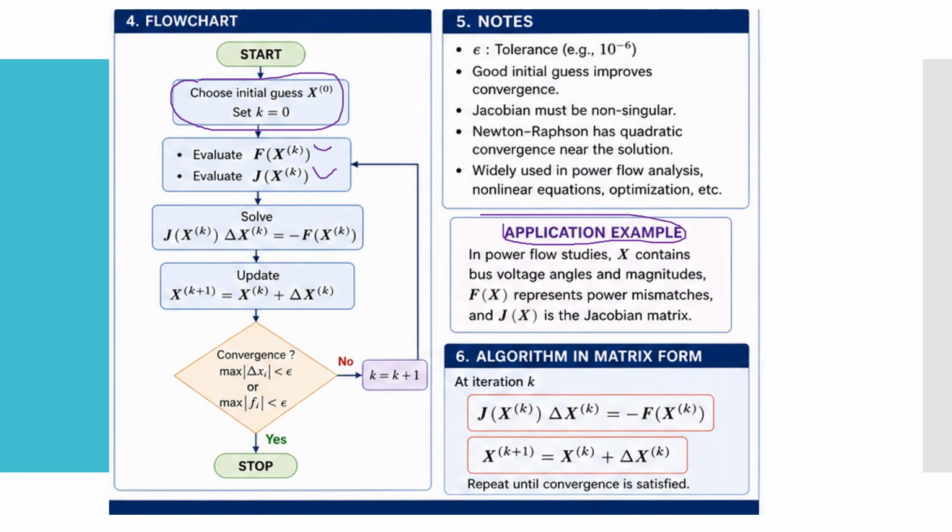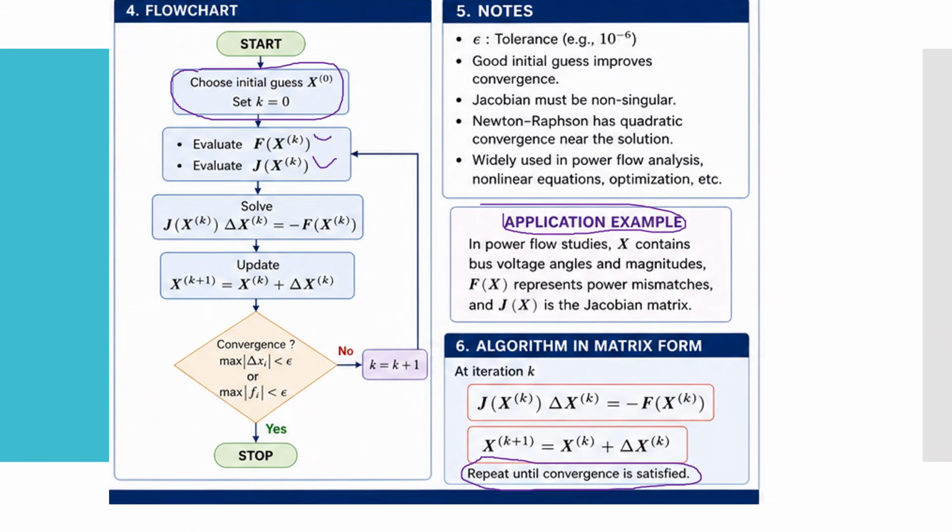Then it's easy to get the updated value for the variable, where x k plus 1 is equal to x k plus the change in x k. Then we calculate the magnitude of the error and repeat the same thing until convergence is reached. So this is the Newton-Raphson method.